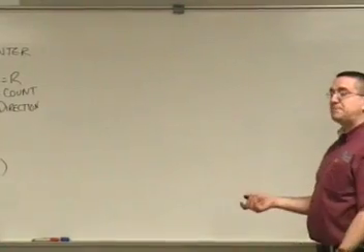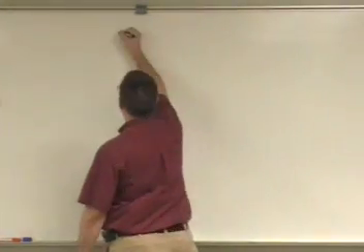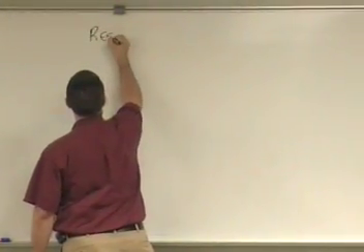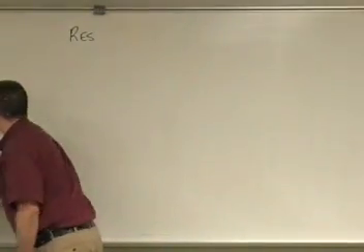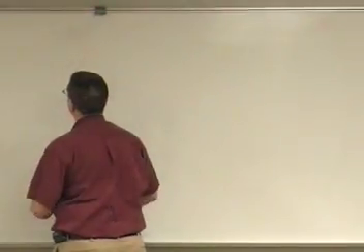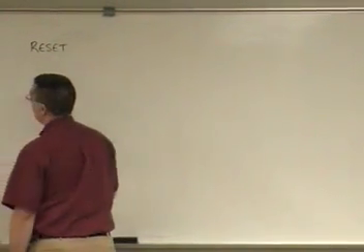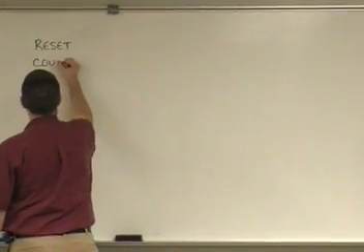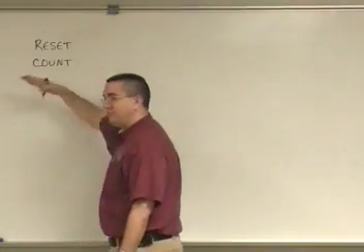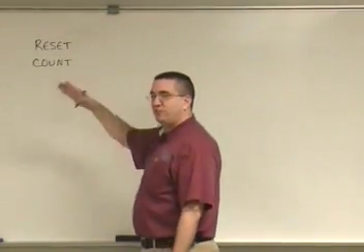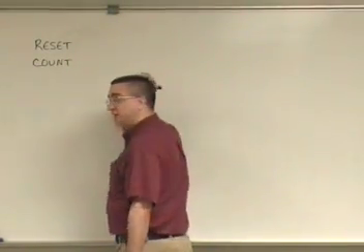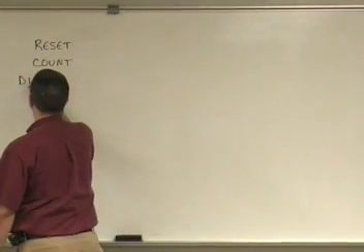All right, so there are 3 pins that we're concerned with. One of the pins is my reset pin. And my cameraman's going to have to follow a little bit here. Reset, my count pin. And these are in the order I'm going to put them on the board, in the order that they're actually on that functional block. And my last pin is my direction pin.